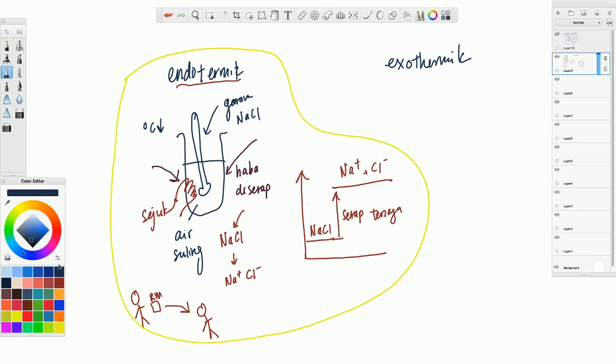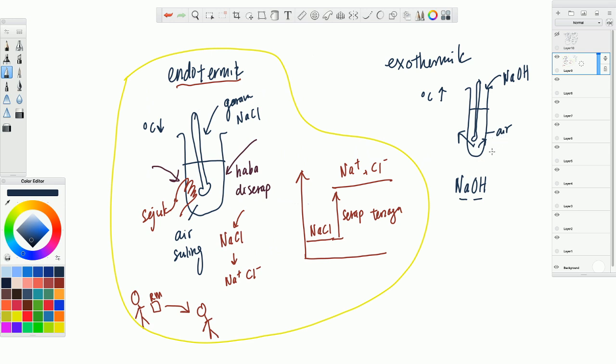Eksotermik adalah terbalik. Bagi tindak balas eksotermik, contohnya kita tambahkan pepejal natrium hidroksida kepada air suling dan kacau. Suhu sekarang akan meningkat. Ini disebabkan haba dibebaskan. Haba dibebaskan daripada natrium hidroksida. Natrium hidroksida akan pecah dan membebaskan haba kepada air.